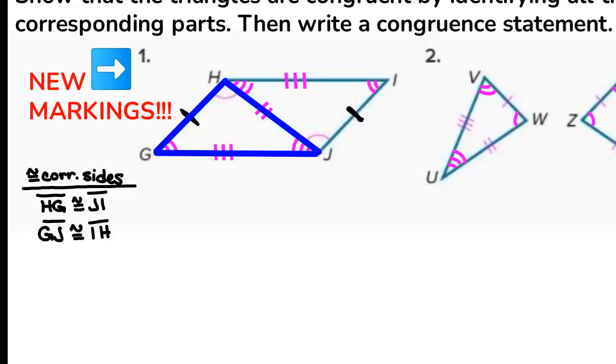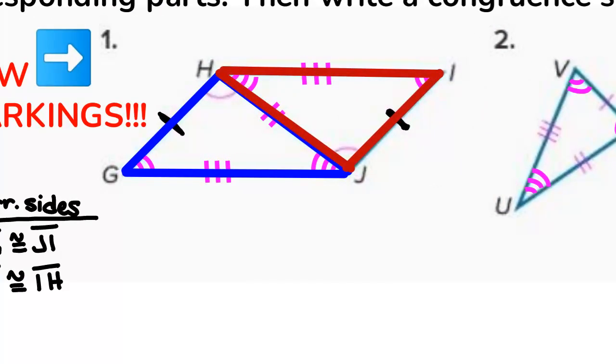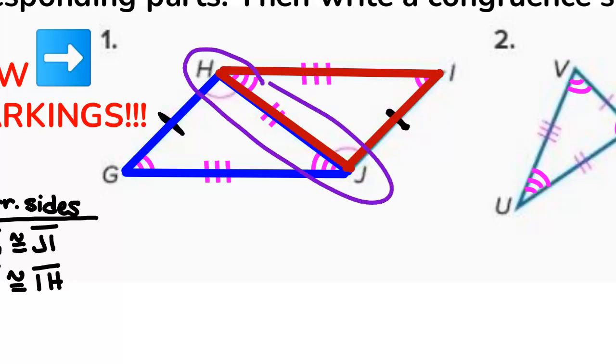And then we have the triangle that's on the upper side there, triangle IHJ. And if you notice, these two triangles share a side. They share this side right here.